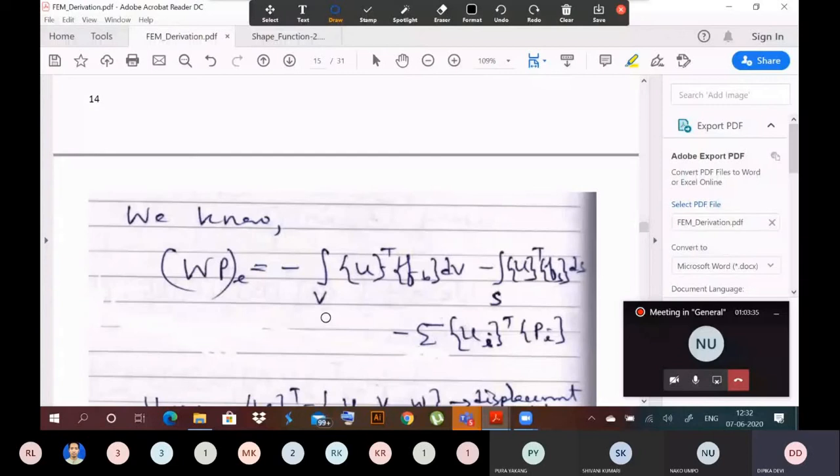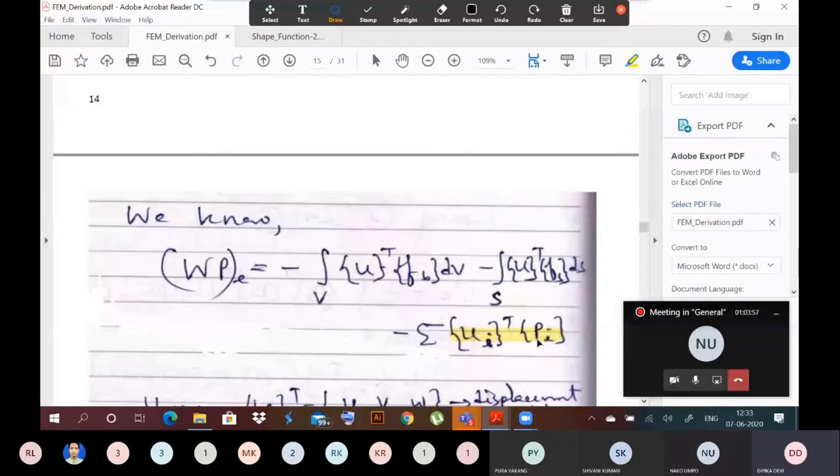Therefore, the corresponding displacement is needed to find the work potential. Work potential is the work done. What is work done? Work done is equal to force into displacement. So the work done due to point load will be equal to the point load into the displacement where these point loads are acting. We may have point load along the X direction, along the Y direction, and along the Z direction. So to find the work done by the point load, you have to find the work done by all these point loads in different directions.